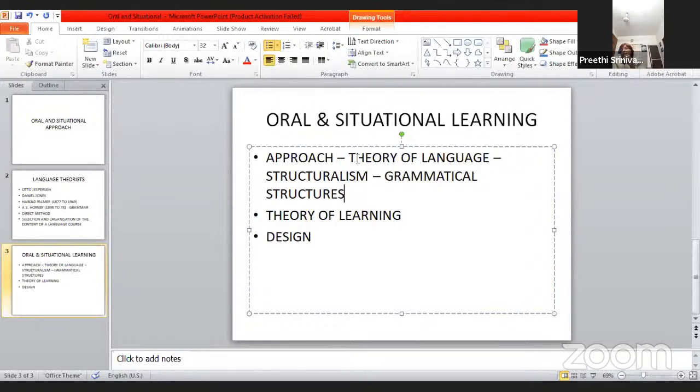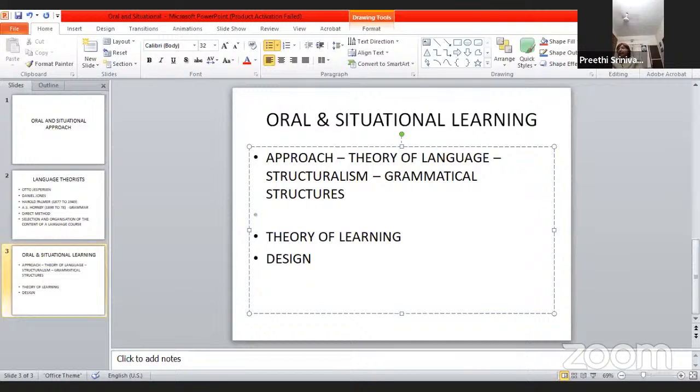How is it they are able to produce structures of the language perfectly? Because they listen, because they have been speaking, they keep practicing speaking. So, as I said, speech is primary, and in this method they give importance to speaking, and they reinforce structures through speaking exercises.